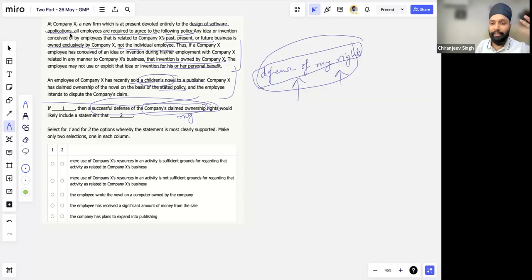So right now this children novel is not related to the present business, but it could be related to the past or future business. So in that way, the company can argue that I own it, not the employee.